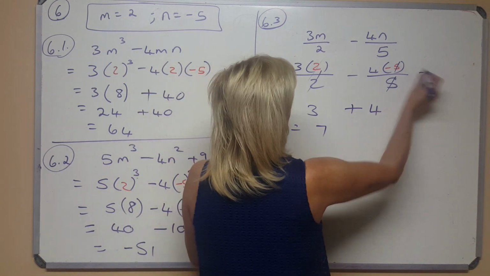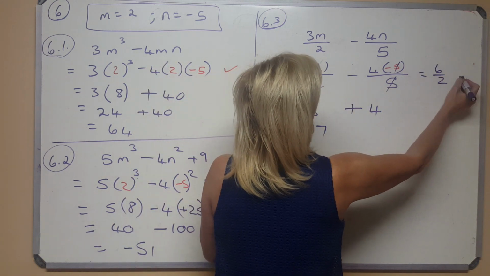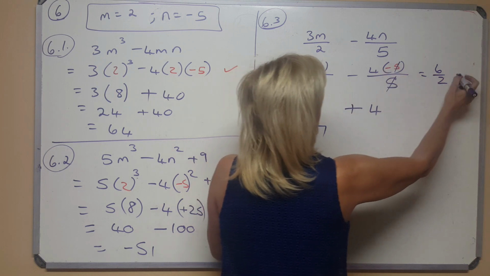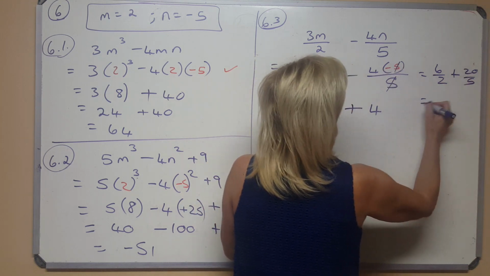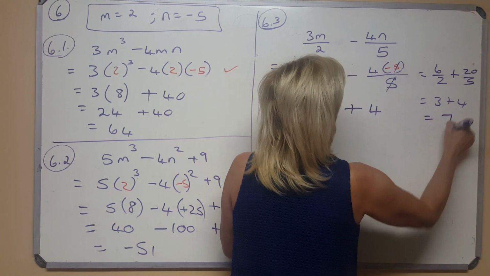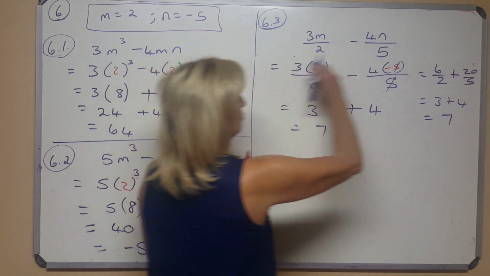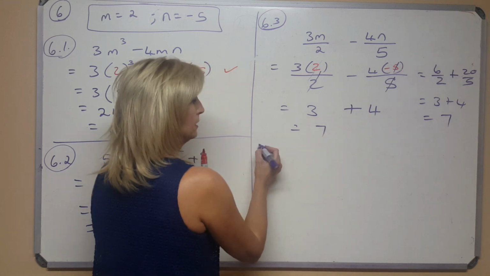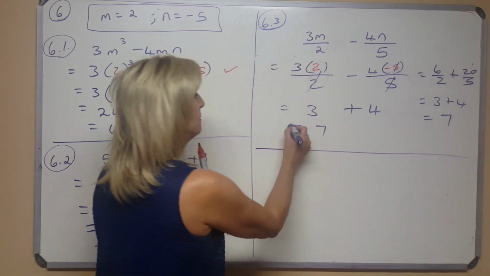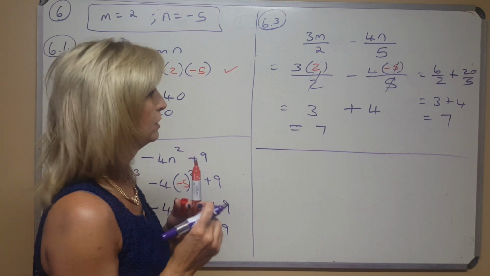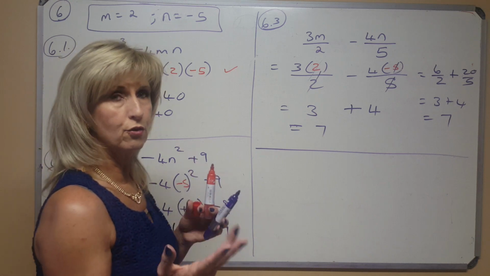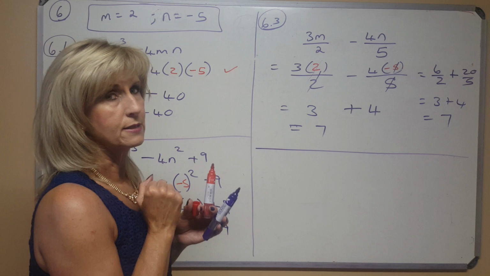If you wanted to say rather 6 over 2, and a minus times a minus is a plus, and 20 over 5, it's still going to give you 3 plus 4 is 7. That's why we say alternative, alternative. Jy mag goed op 'n ander manier skryf, maar ons kan nie ander antwoorde kry nie, want dan doen iemand iets verkeerd. You can't get a different answer than me, otherwise you've done something wrong.